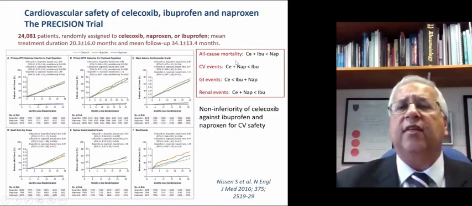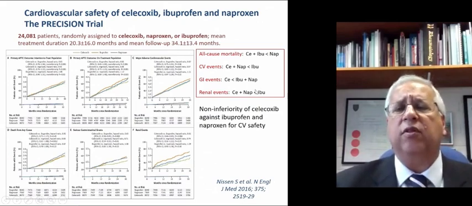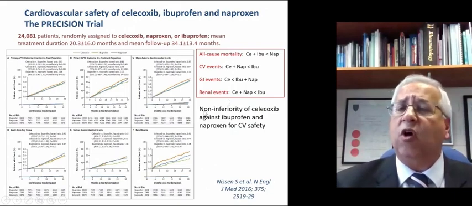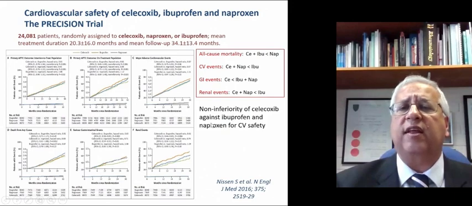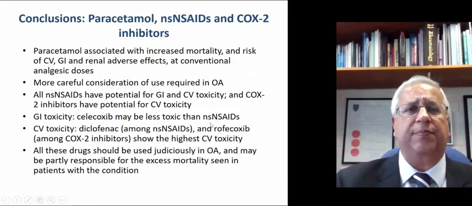You can see that all-cause mortality, cardiovascular, GI, and renal events all favour celecoxib, with a variation in the non-selective NSAID sort of hierarchy thereafter. But non-inferiority was observed for celecoxib with ibuprofen and naproxen when it came to cardiovascular safety.